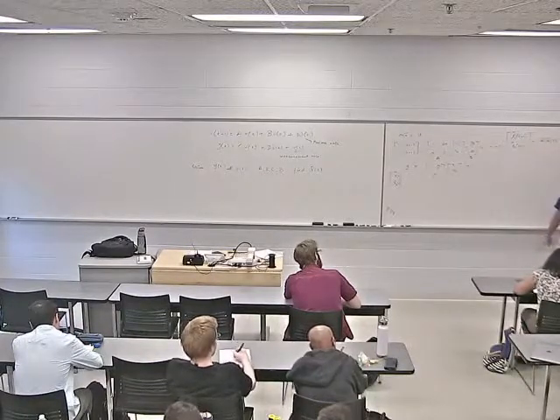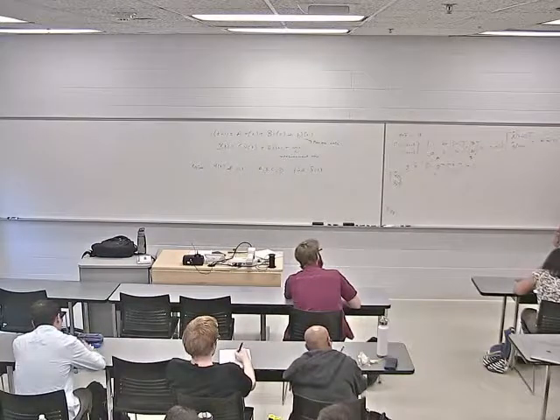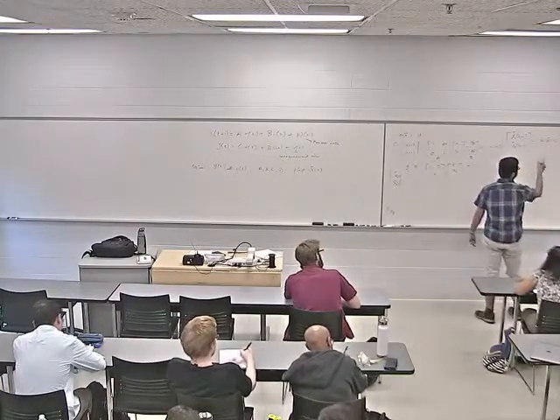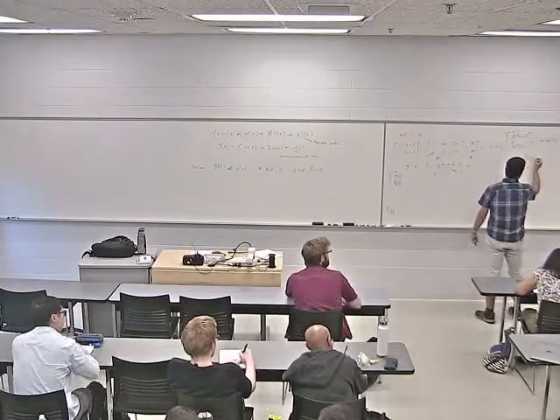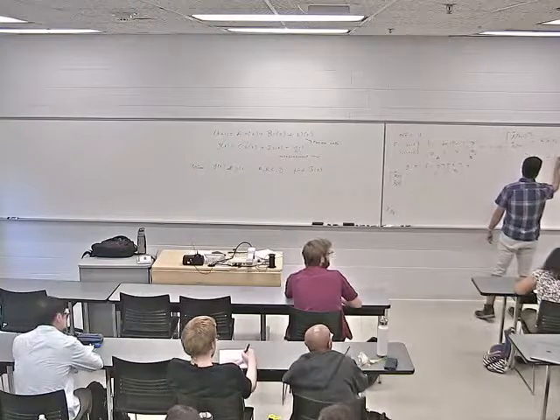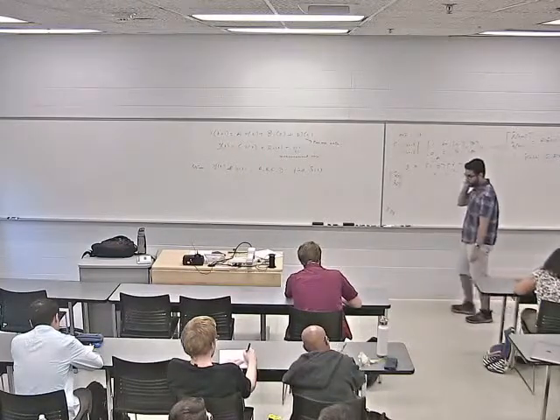Output error is the difference between what you measure and what you compute. And then y hat of k is equal to C x hat of k. Okay, will this work?